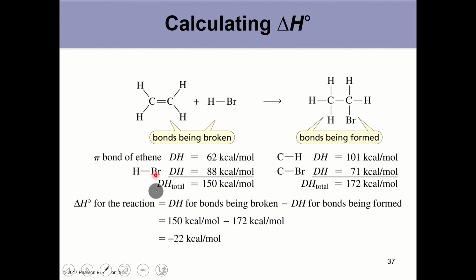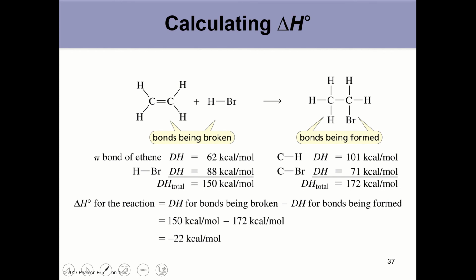The hydrogen to bromine bond, the delta H of this bond is 88 kilocalories per mole. The total energy of bonds broken is 150 kilocalories per mole. Remember, we're going to take bonds broken minus bonds formed. That's the total energy of bonds broken, not just one at a time.